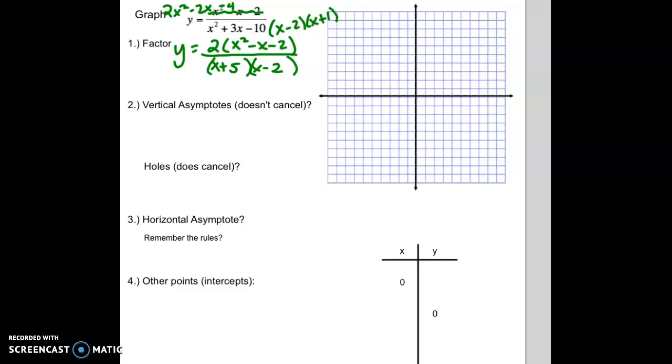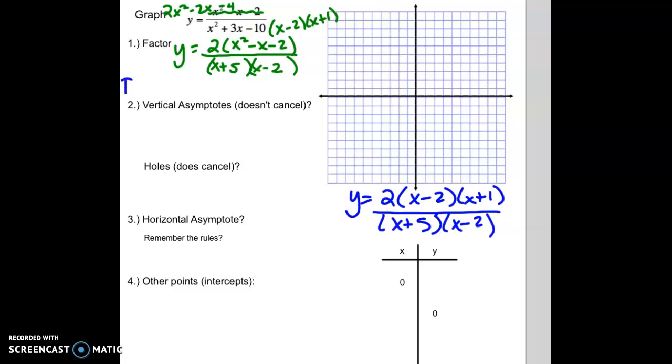So our factored version, I'll put it over here: 2 times x minus 2 and x plus 1, over x plus 5 and x minus 2. So we have 2 points of discontinuity again, one when x equals negative 5 and one when x equals 2. Those are the 2 places that make the denominator 0. They would be domain restrictions.